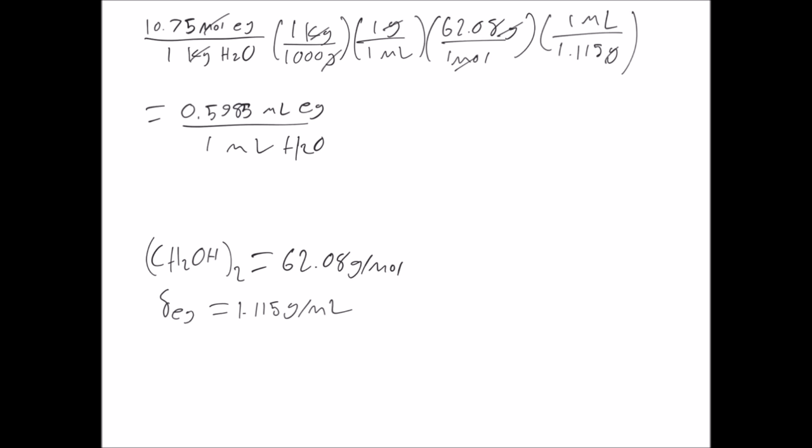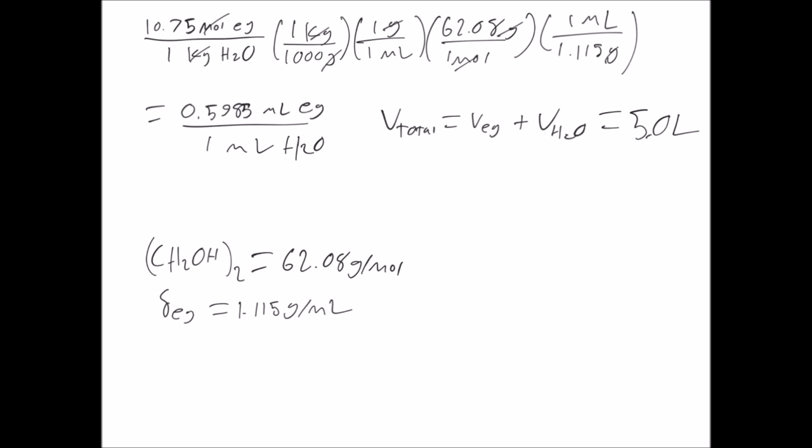Now, this only gives us a ratio, so to find what the actual answer is, we need to use our total volume, which we know is equal to the volumes of ethylene glycol and H2O added together, which we also know is a total of 5.0 liters.